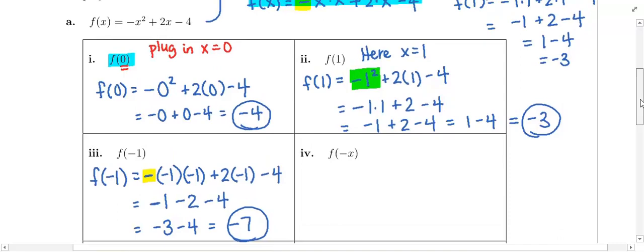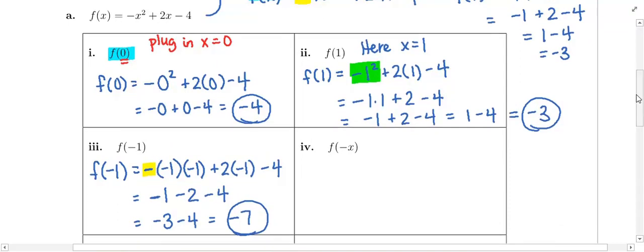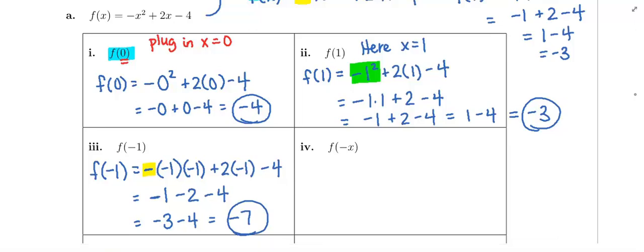We're just doing a lot of practice with this. So we're using the same original function, and part 4 is a little different than what we've seen in parts 1, 2, or 3, because now we're plugging in a variable quantity. We're not plugging in just a number. So your output is going to involve a variable, it's going to involve x.